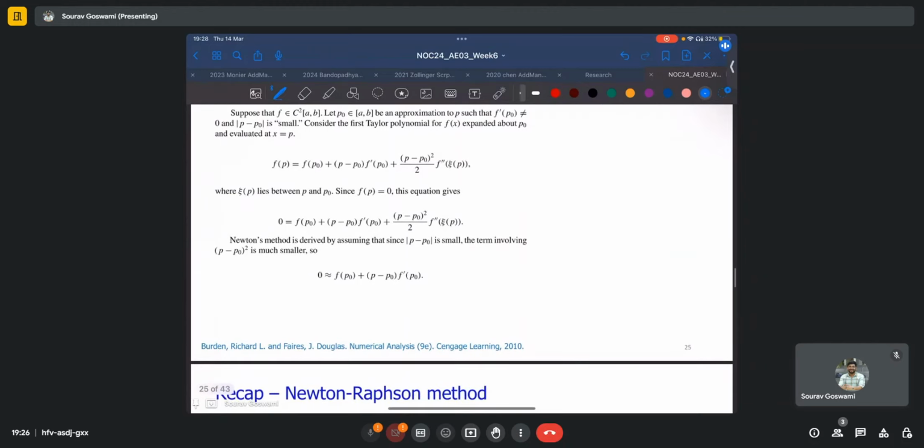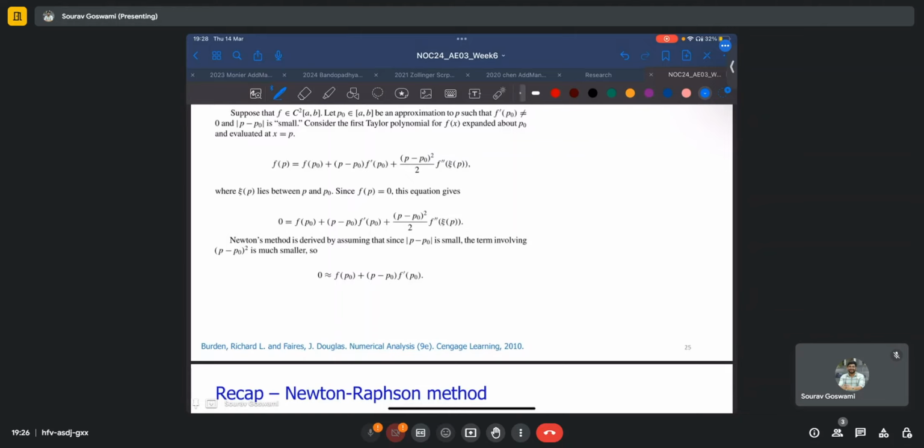Here zeta p lies between p and p0. Now since f of p is equal to 0 as per our definition, this equation will give 0 equals f of p0 plus (p minus p0) f prime of p0 plus (p minus p0) squared by 2 f double prime of zeta of p.